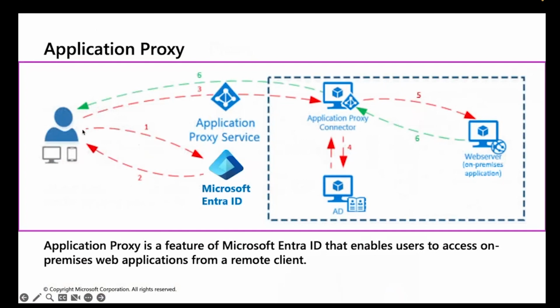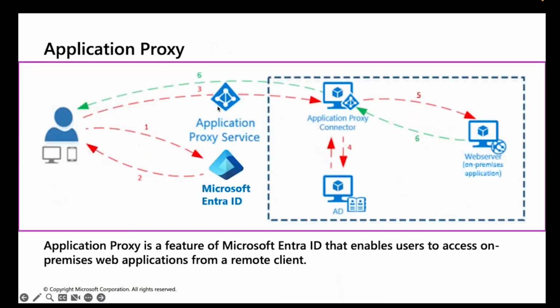First, your connection will be redirected to Microsoft Entra ID to get verified and authenticated. Once that is done, you get a kind of token here. That token you present to the application proxy service.